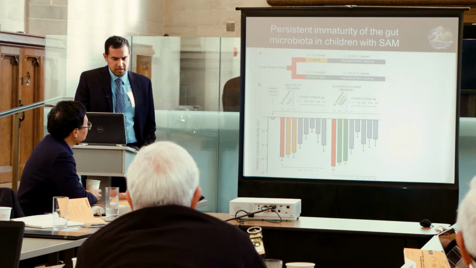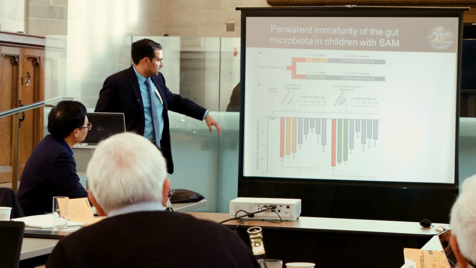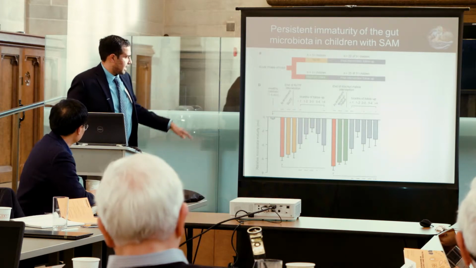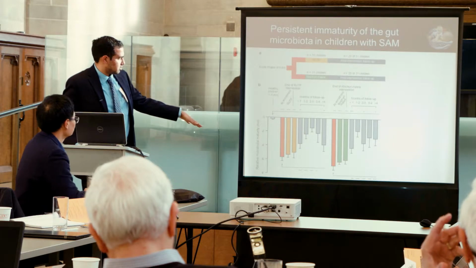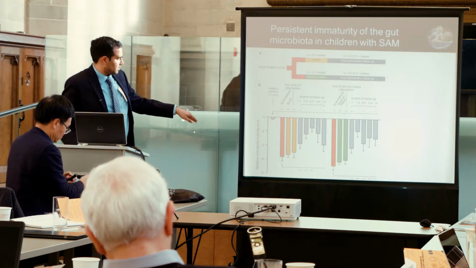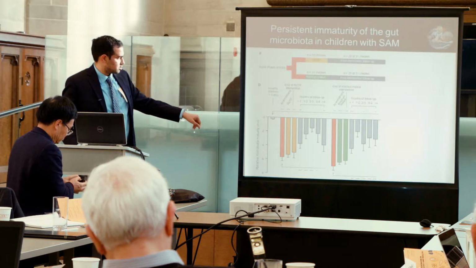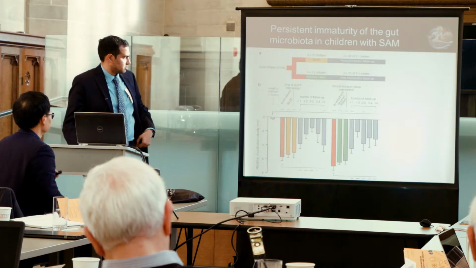When we applied the same metric to children, where we compare healthy children to the two arms, we find that at admission, children have a severely immature microbiota compared to healthy controls, and that even following the dietary intervention in each arm, there is a significant gap between where healthy children lie.